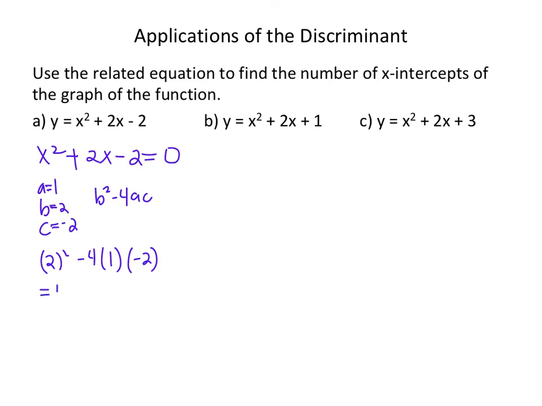Negative 4 times 1, negative 4 times negative 2, plus 8, that's equal to 12. So my discriminant is 12, so we have 2 solutions that are equal to 0. Thus, we can answer the question by saying that we actually have 2 x-intercepts.